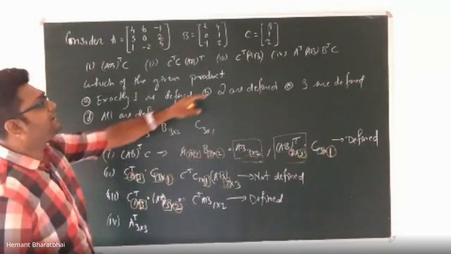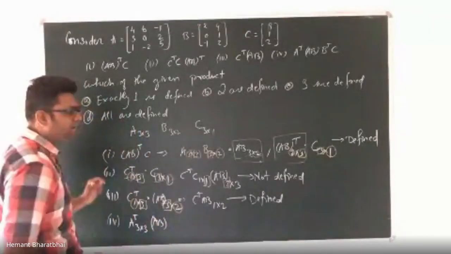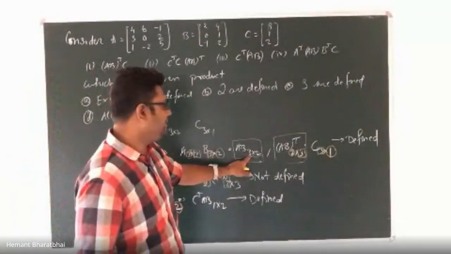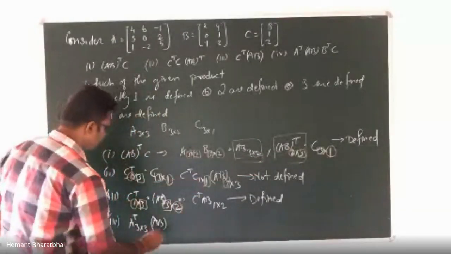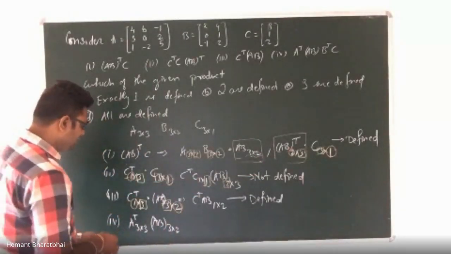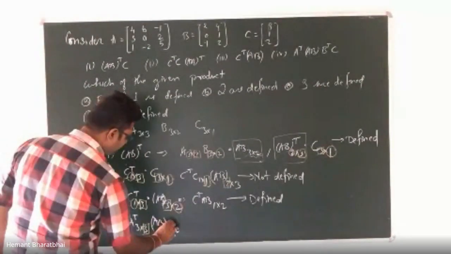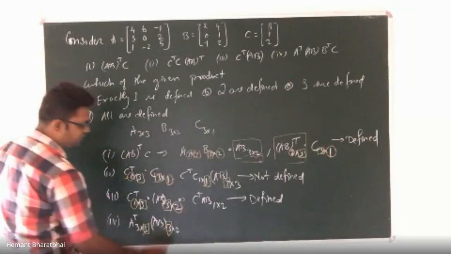Now that matrix is getting multiplied by matrix AB. And we know the order of AB. The order of AB is also 3 by 2. Let me write over here 3 by 2. So number of columns of first should be equal to number of rows of second. So yes, it is equal.